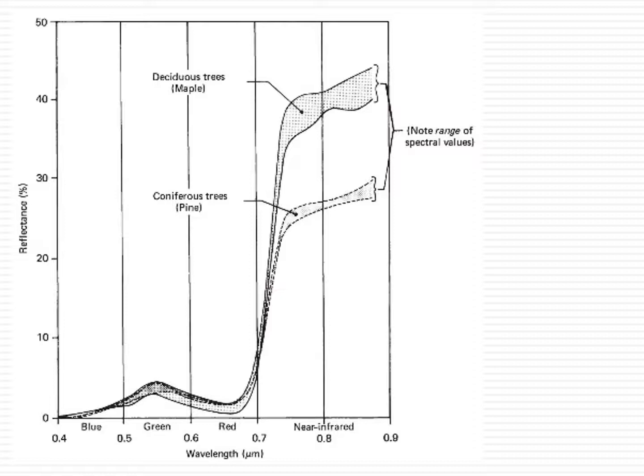There is more energy reflected, a greater percentage, from the maple leaf than from the pine needle. And so you get a very different signature. And what does that tell us? That in the near infrared, one value will be much higher than the other.